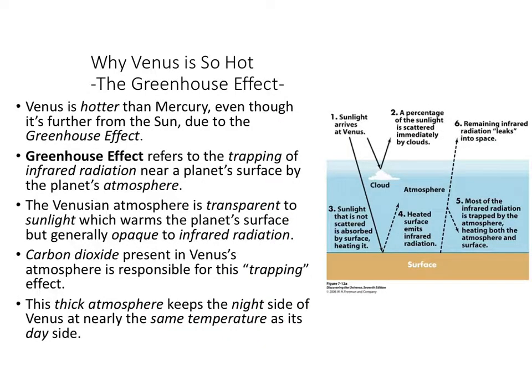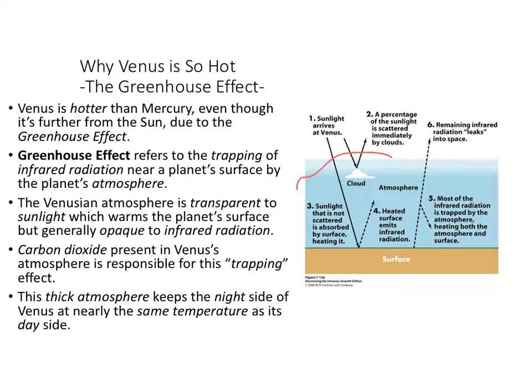Here's a look at the greenhouse effect on Venus, and this actually happens on the Earth too, and it has to do with what's in the atmosphere. We said most of its atmosphere is carbon dioxide. Carbon dioxide is great at letting sunlight through, and then the sunlight interacts with the surface of Venus, which is like a little heater.